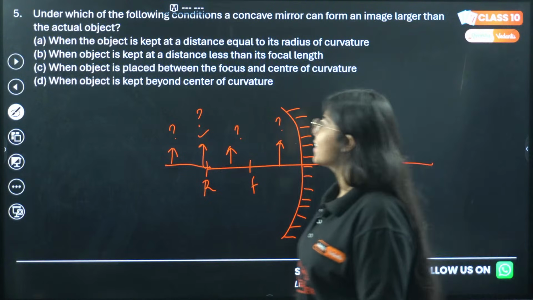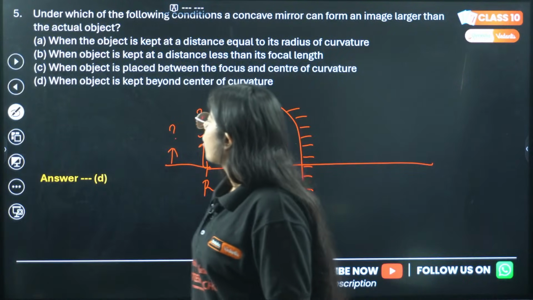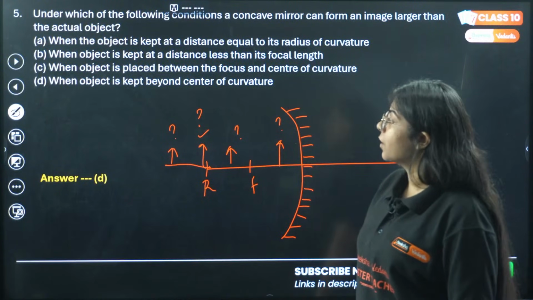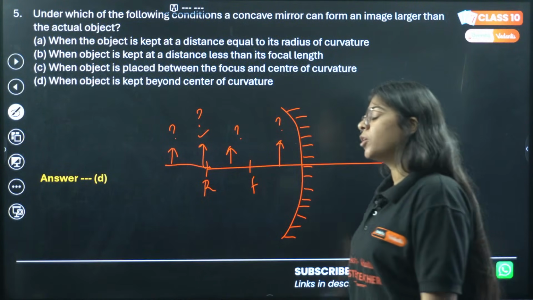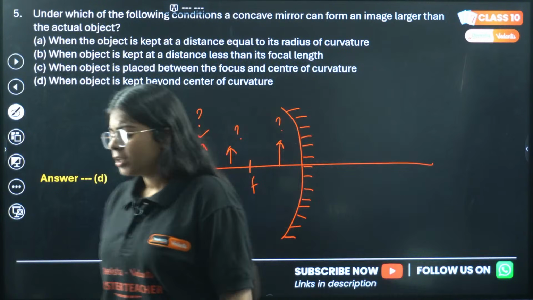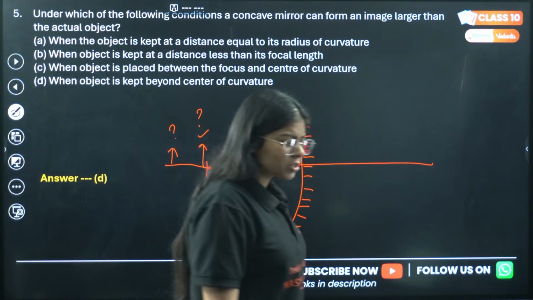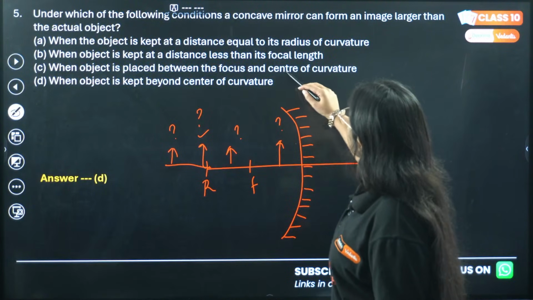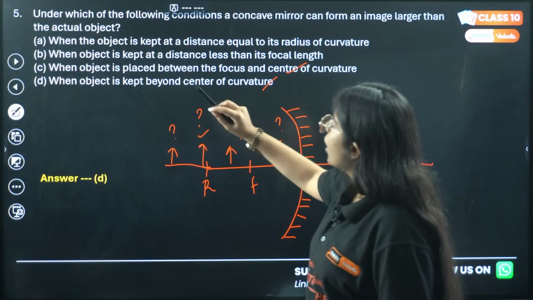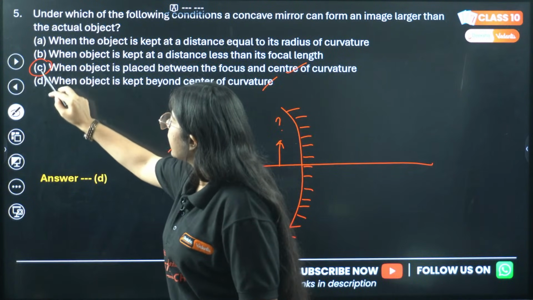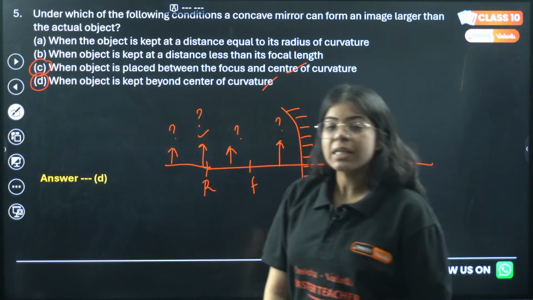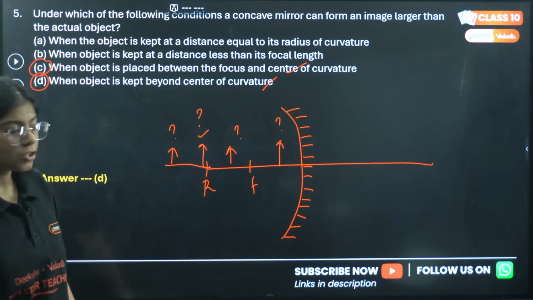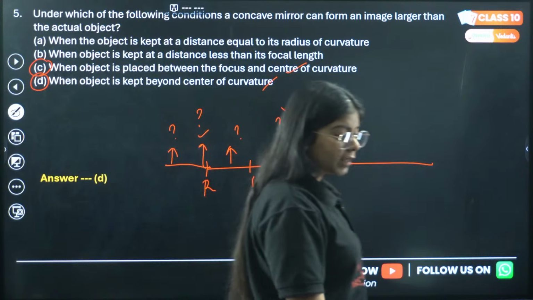Okay, some are saying option D. If my object is beyond the center of curvature, that will not form a large image, right? Did I write it wrong? One of these is true actually. You let me know. In the case of C and in the case of D, one of these cases also forms an enlarged image. That is true. I know that. But which case?